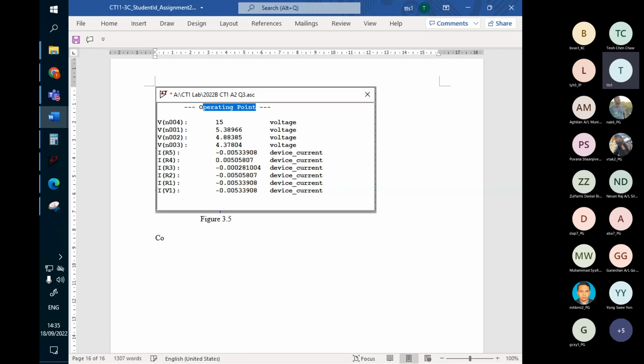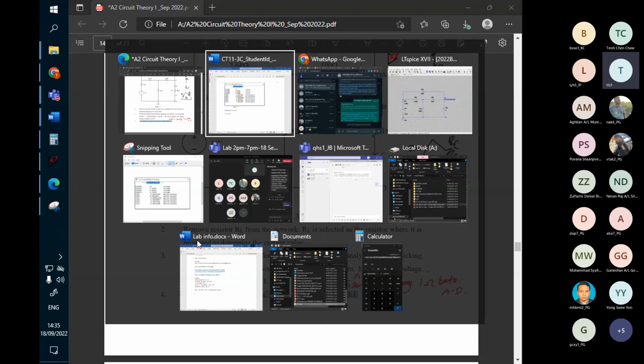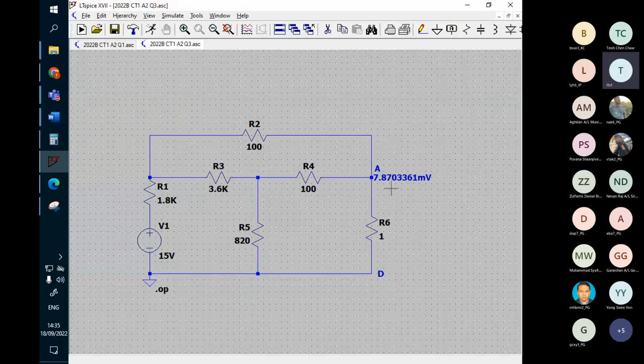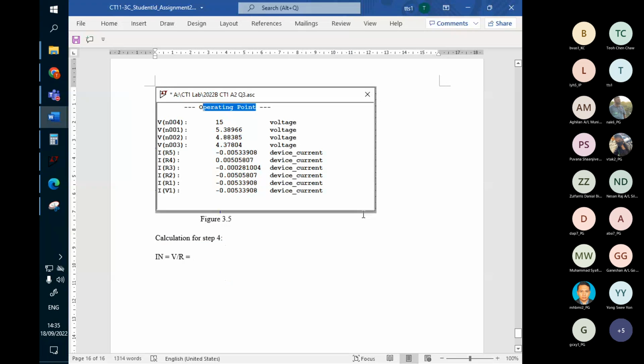Okay, calculation for step number 4. IN, Norton current, is equal to I equal to V over R, is what we measure, 7.870 millivolt divided by 1.